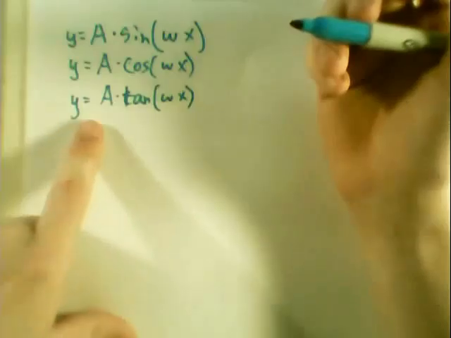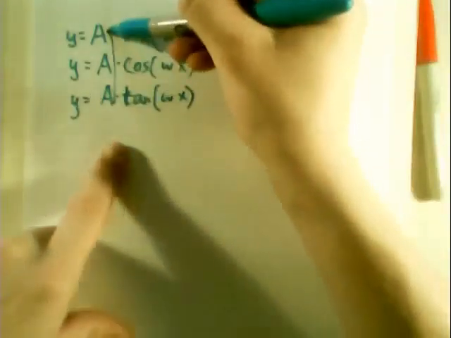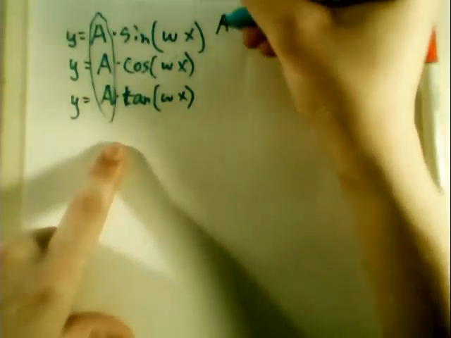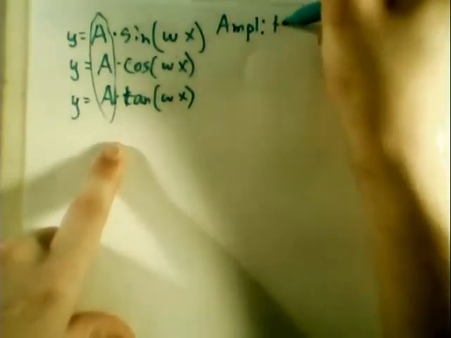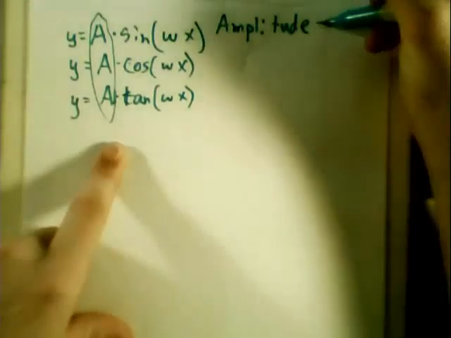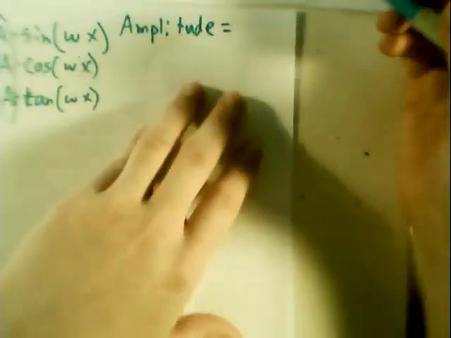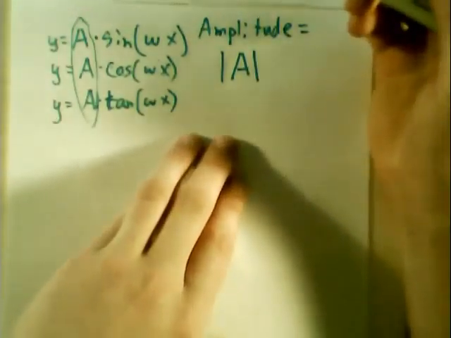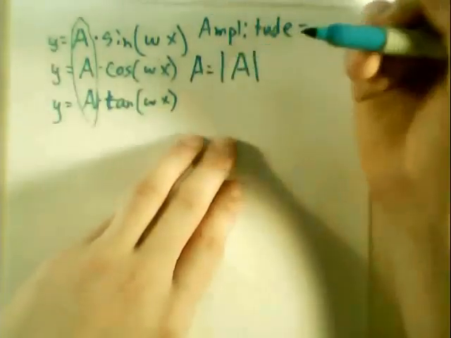So to find our amplitude of these, we just take this value, the absolute value of it. So amplitude equals, I'm going to write it down here, the absolute value of A. Well, it's 1.